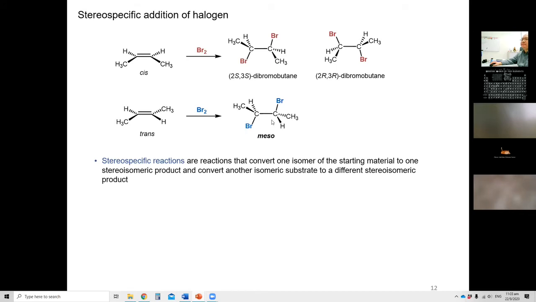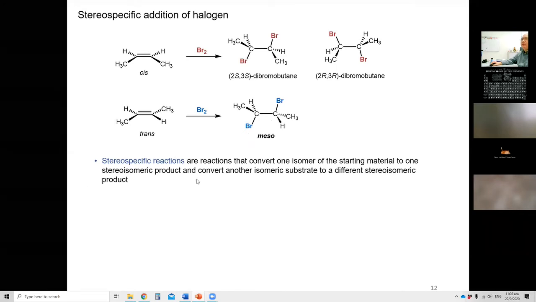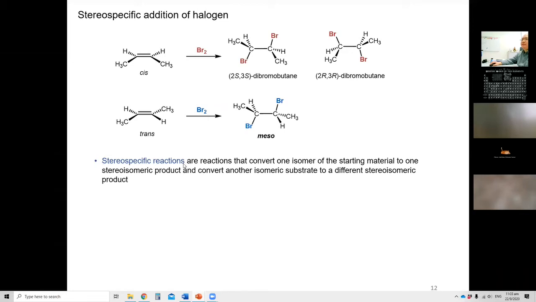All right. So now we need to introduce you to a new concept called stereospecific reactions. These are reactions that convert one isomer of the starting material, let's say cis, to one stereoisomeric product, a pair of enantiomers from cis, and convert another isomeric substrate, which is trans, to a different stereoisomeric product, which is meso, okay?